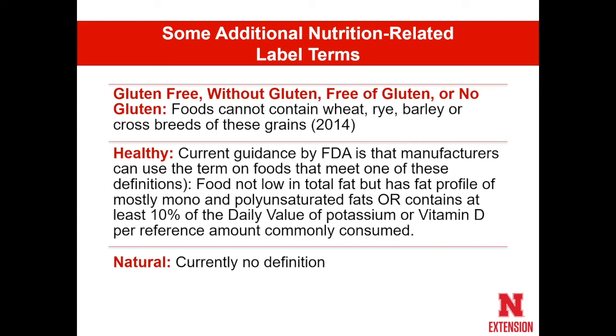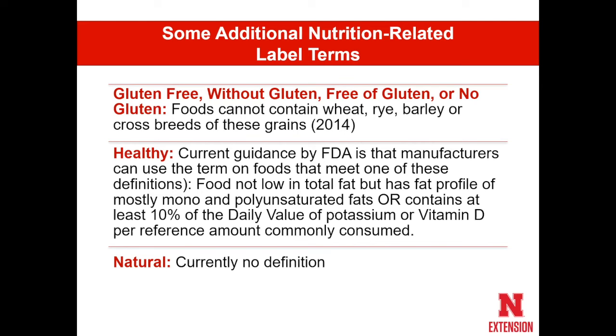Kind of a caveat of that label term, though, is they can also add that to foods that never contain gluten to begin with. So things like fruit can be labeled gluten-free, even though they never contain gluten to begin with. So it's up to the manufacturer. If they want to include that on their food product, they can. But again, they have to make sure that the food does not contain wheat, rye, or barley.